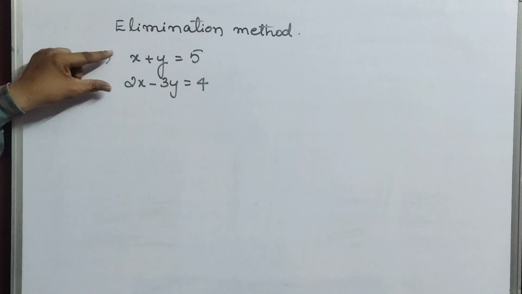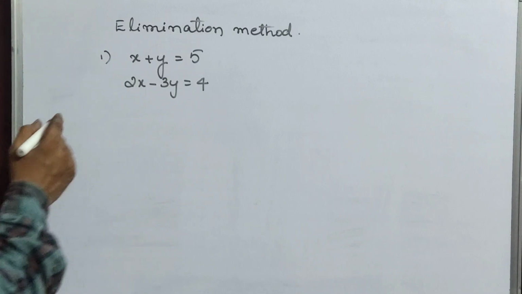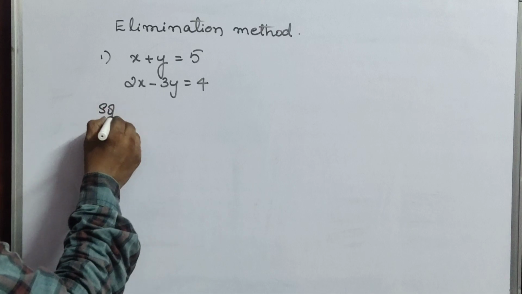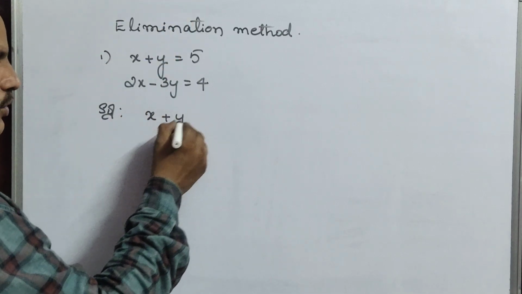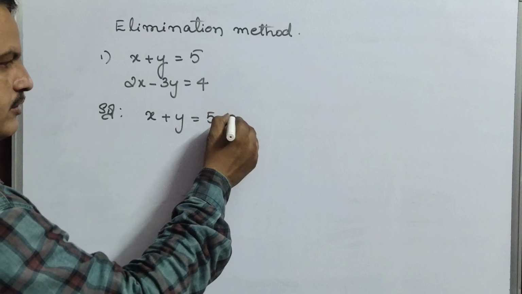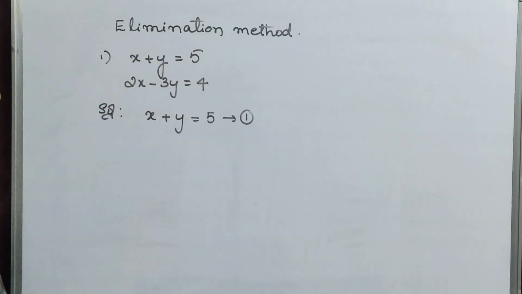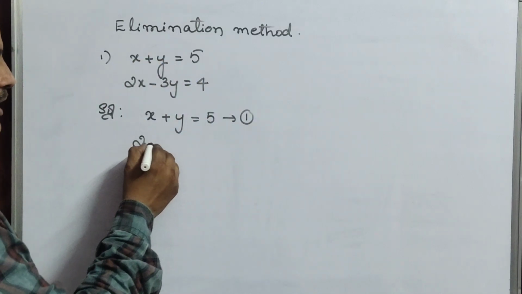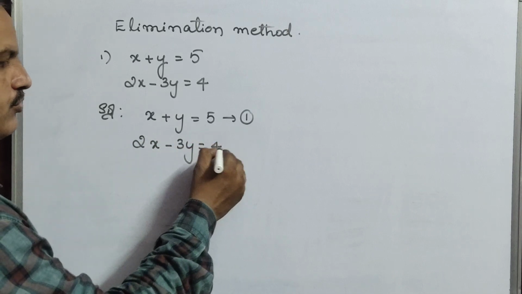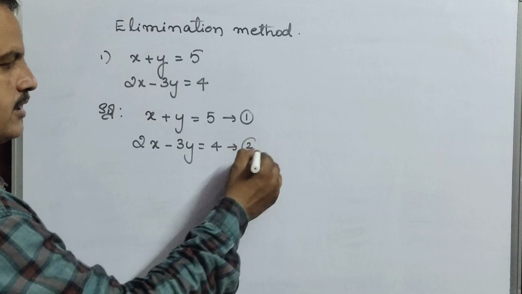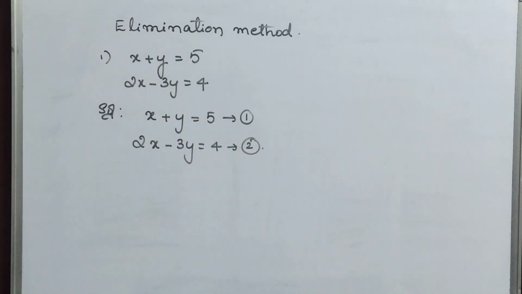Here again two equations are given. What are those two equations? x plus y equals 5, we will take that as equation 1, and next 2x minus 3y equals 4, that is equation 2.